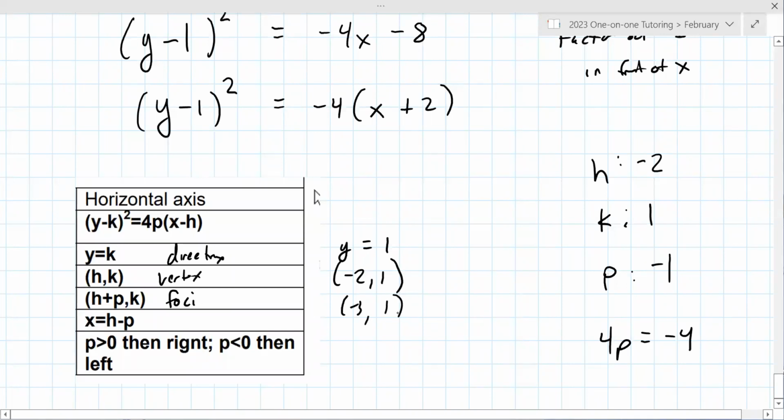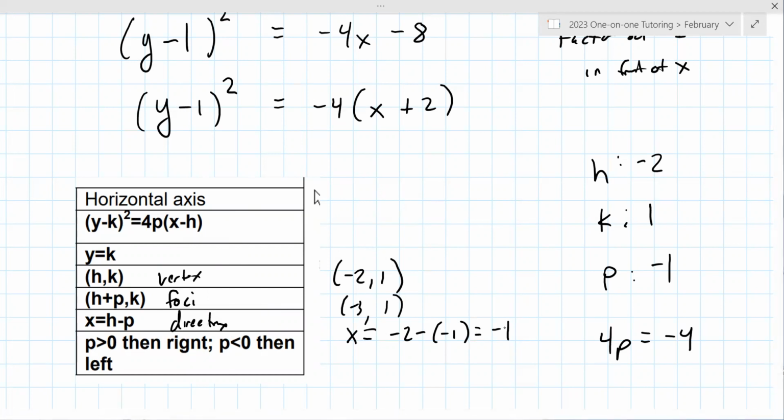I'm sorry, this is not the directrix. This is the axis of symmetry up here. Sorry, the directrix is down here. So get rid of that. So the directrix is x equals h minus p, -2 minus a -1, which ends up being -1.